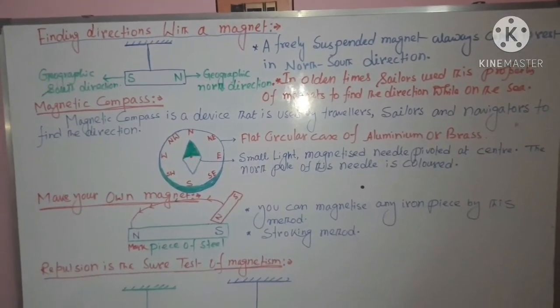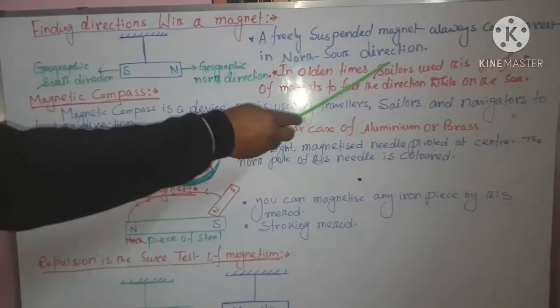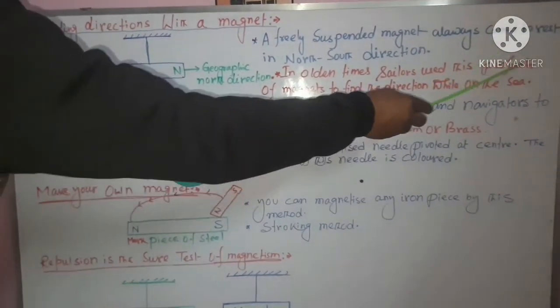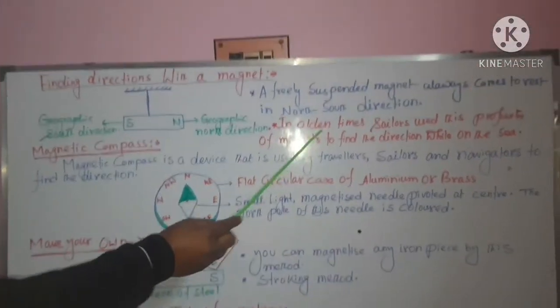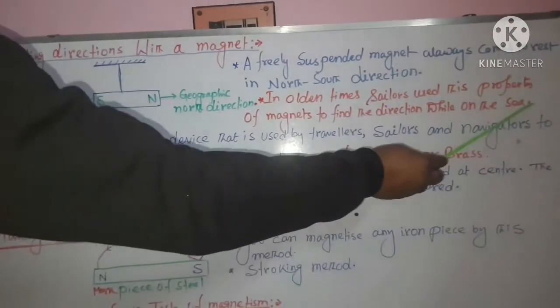So by performing this activity, we can determine the direction of an unknown place with the help of a bar magnet. In olden times, sailors used this property of magnets to find the direction while on the sea.